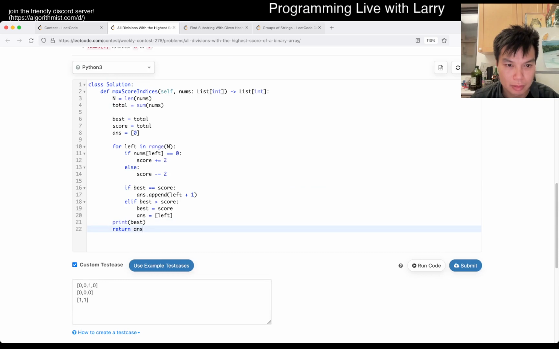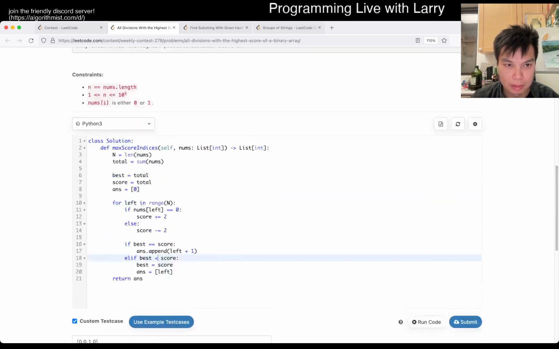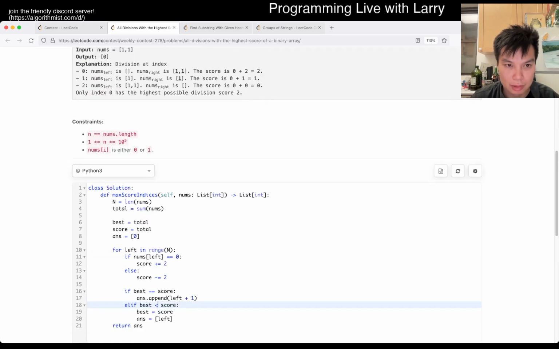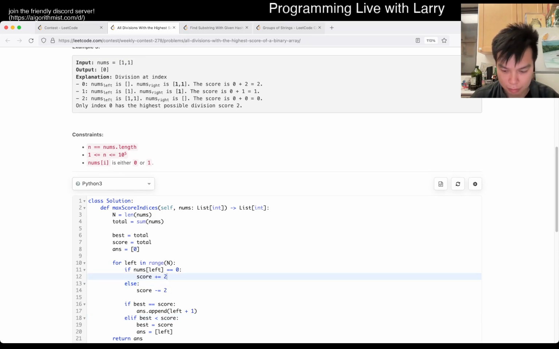Minus 2. No, so I did it the other way, that's why, but it should not be minus 2. The 2 and 0, and it goes to this number, and then it goes 2. Is it just 1? If it's 0, then this is 0.